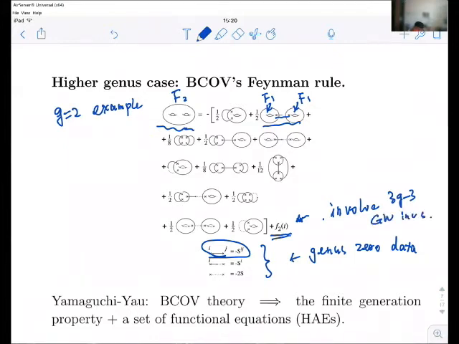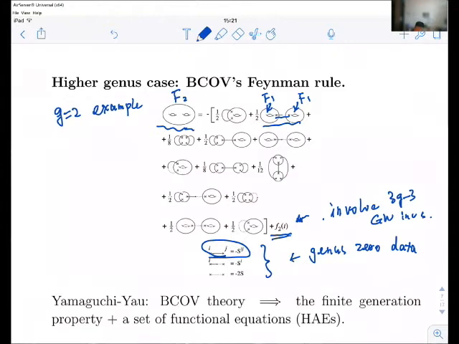In fact, this F2 is a polynomial in some rational functions of degree 3G minus 3. This 3G minus 3 is for the quintic case. In general, it will be more complicated, but it still involves finite information.